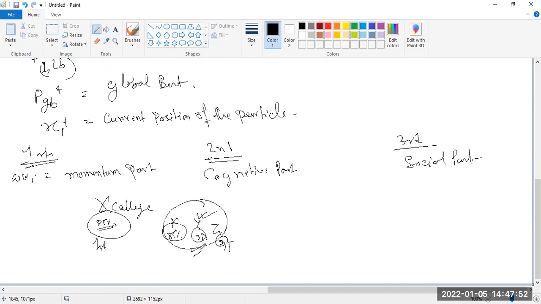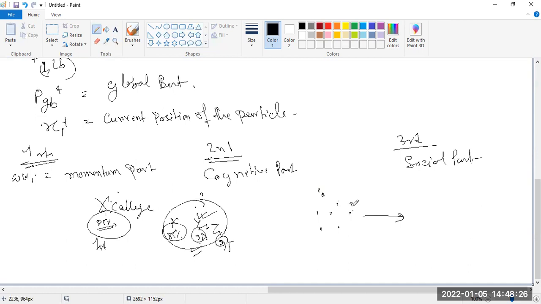But under this university there are so many colleges, X, Y, Z, and U, V and so many more. Within these, Y college is getting 97% marks, so this is the best position. This is called the global best and this is called the local best. X college with 85% marks is a local best position, and your global best position is 97%. So in this swarm of particles, you can see the swarm moving one, two, three, four.